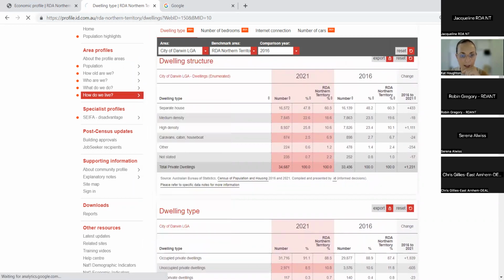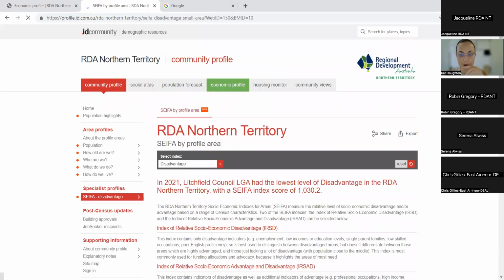I'm going to quickly take you to the CEPA index because this is really important. We've got our Growing Regions Fund coming up, and you guys will be putting in some applications, but we can see here, this gives us a score of relative advantage or disadvantage, and it takes into consideration things like income levels in your community.